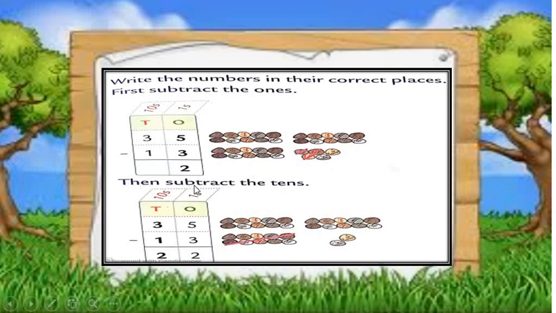After subtracting ones column, move towards tens column. There is 3 minus 1. So, 3 minus 1, we get 2. 35 minus 13, we get 22.